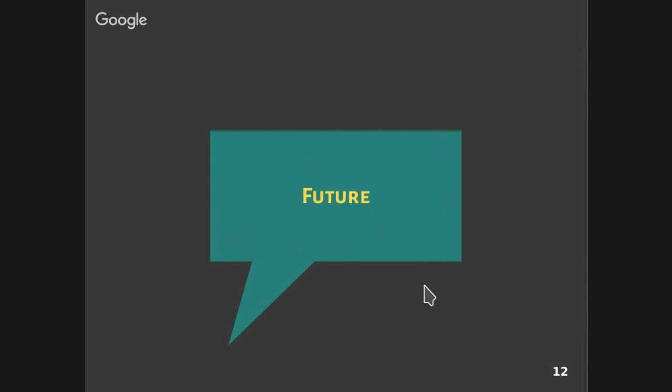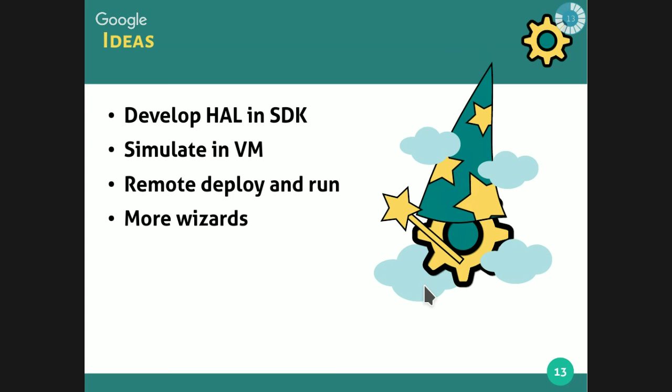So what could the future bring? This goes a little bit forward. It's not the near future. Maybe it's more like what could be done. So first, developing HAL inside the SDK, like creating new HAL instances.